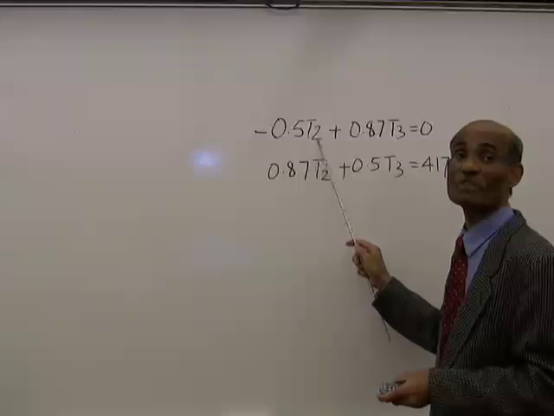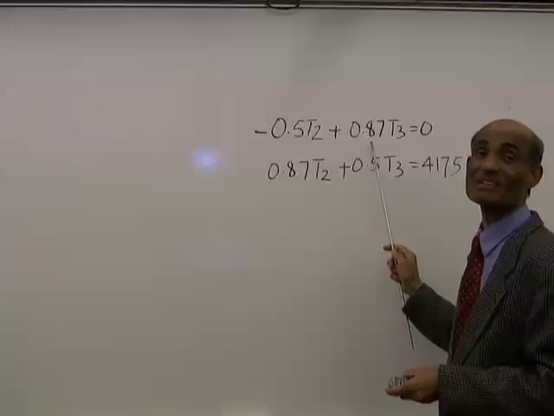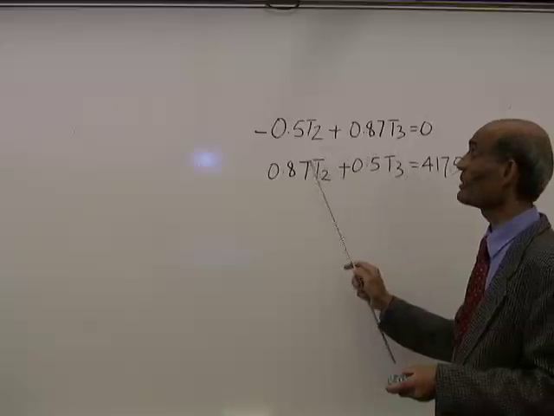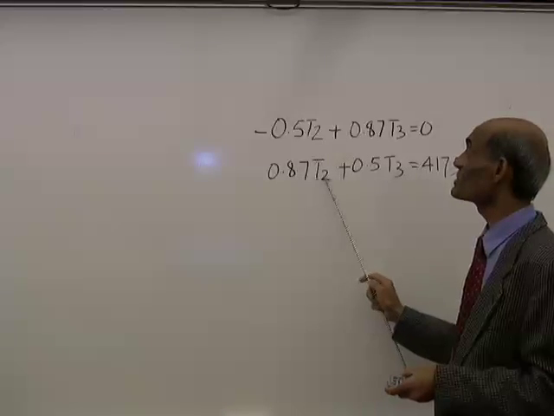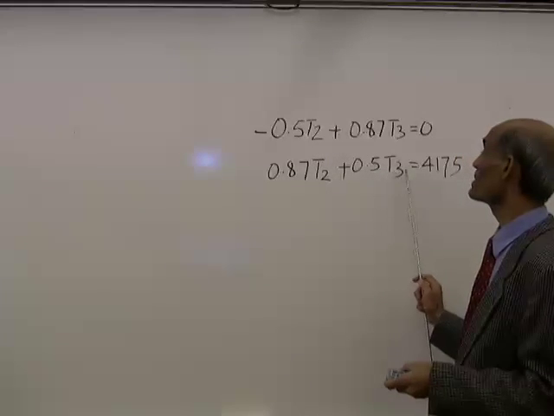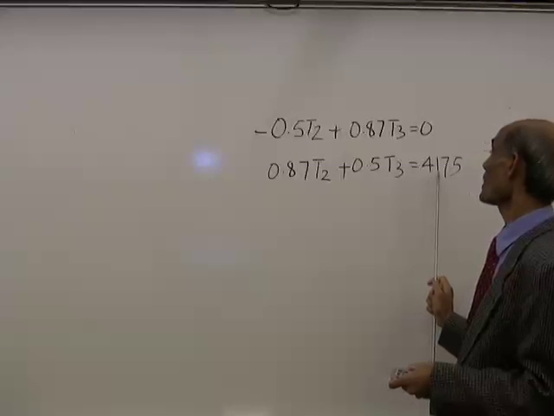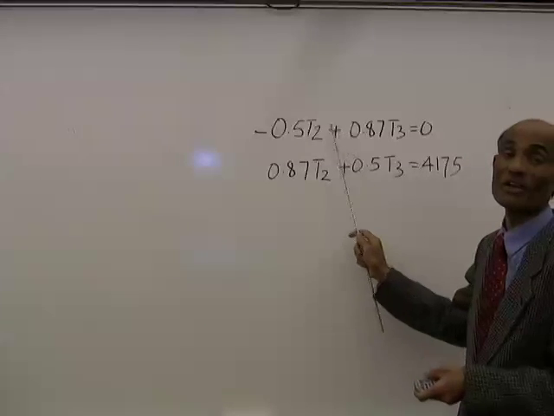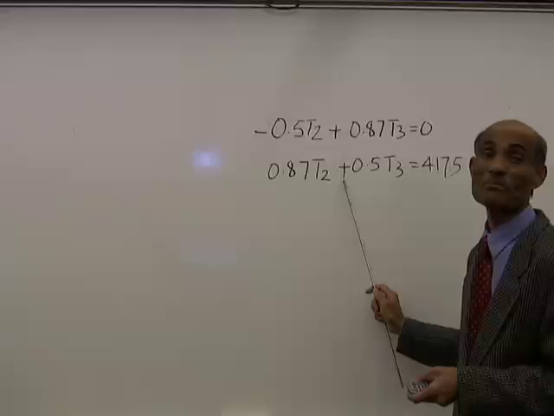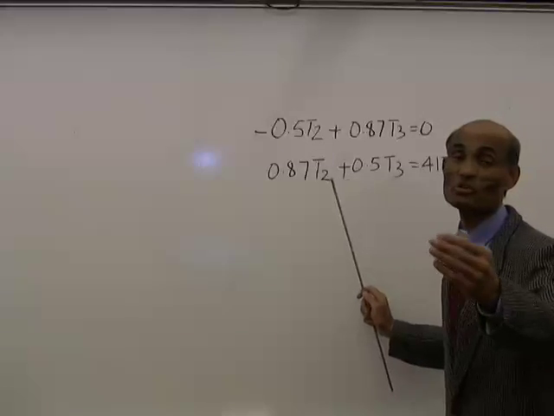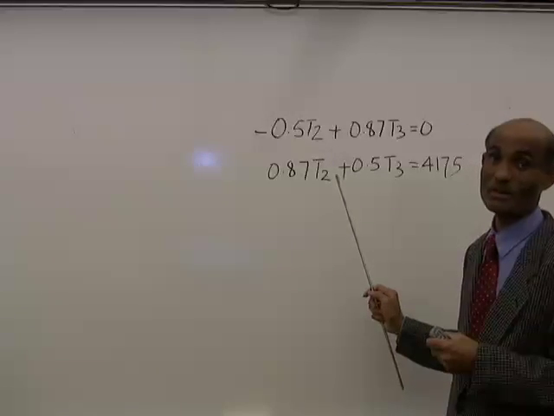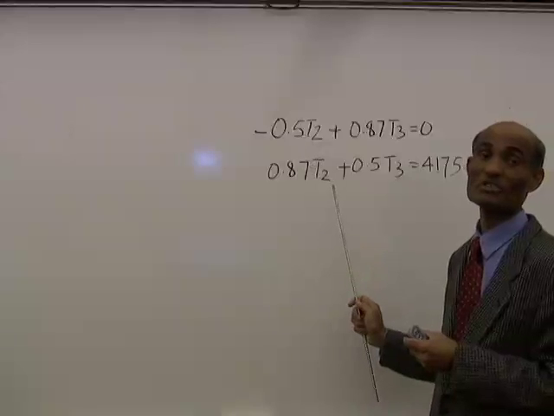Negative 0.5 T2 plus 0.87 T3 equal to 0. 0.87 T2 plus 0.5 T3 equal to 417.5. Now write this on a piece of paper so that when I show you, the equations are in front of you, because I'm going to take this off.